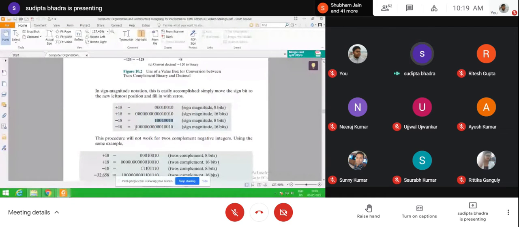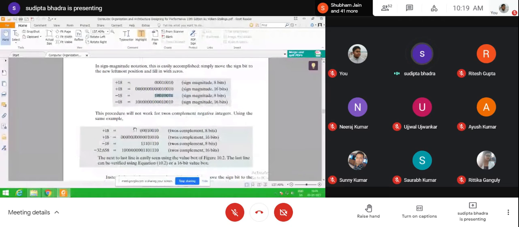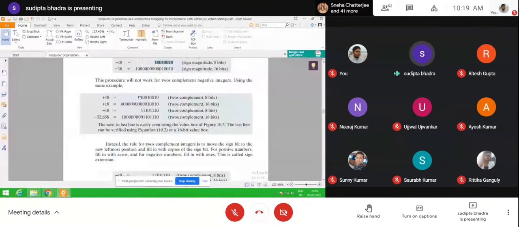Now here you see, if we use the 2's complement representation, normal plus 18, no problem, 18 is stored, the 7th bit is 0. If we use 16 bits instead of 8 bits to store the same number, then all the new extra bits will be filled up by 0. Now here you see minus 18.